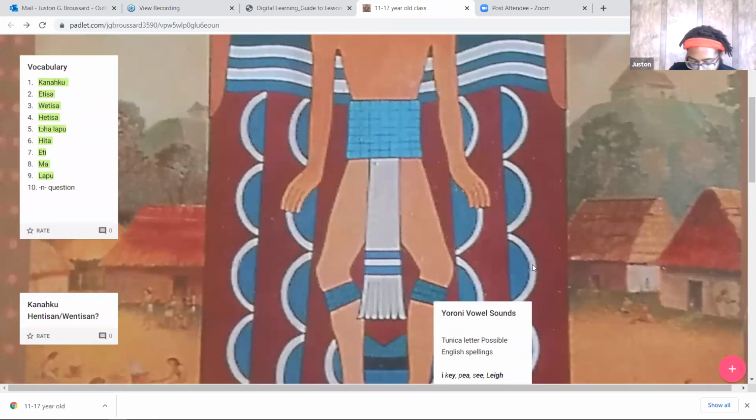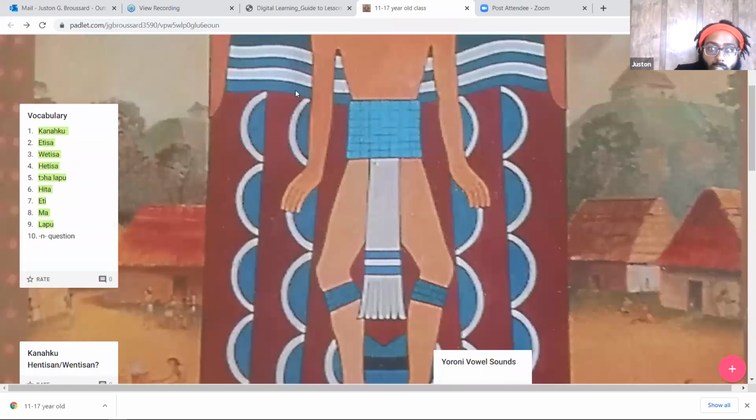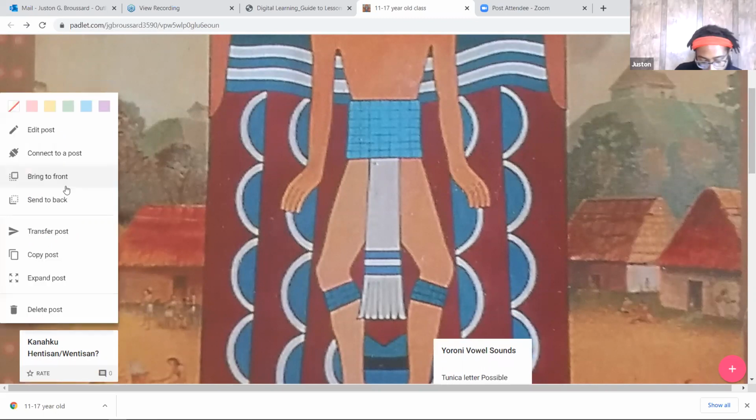So here we have a little bit of background of the sun man, even though I couldn't get his face all the way. And over here to the far left, we have the vocabulary. And we're going to start off with a demonstration of our greeting.